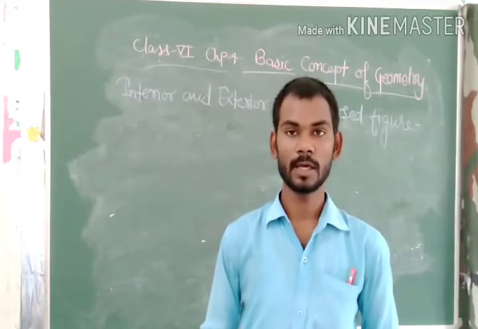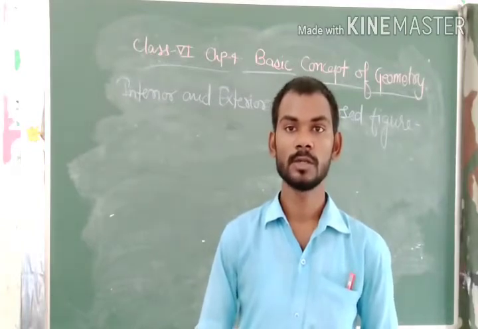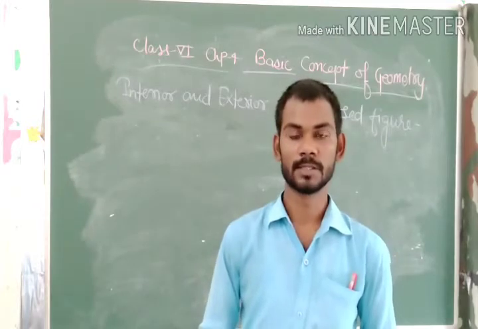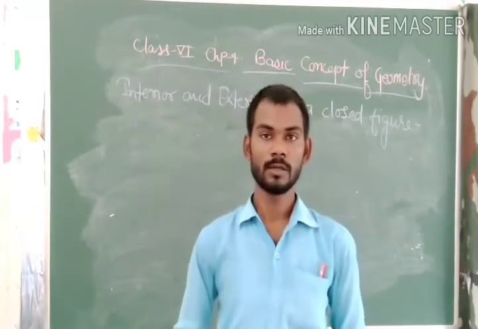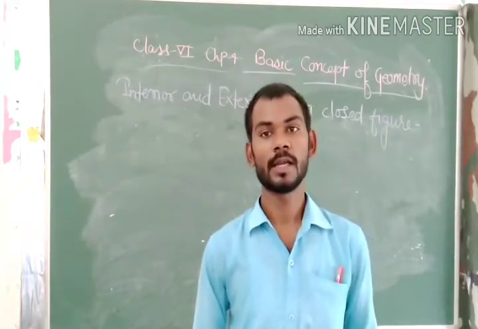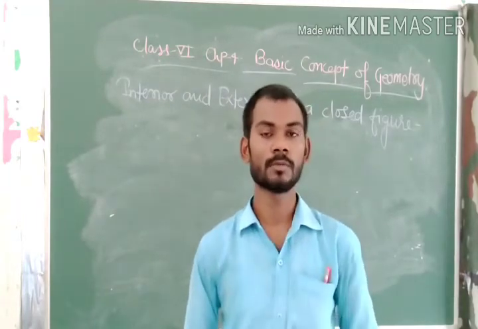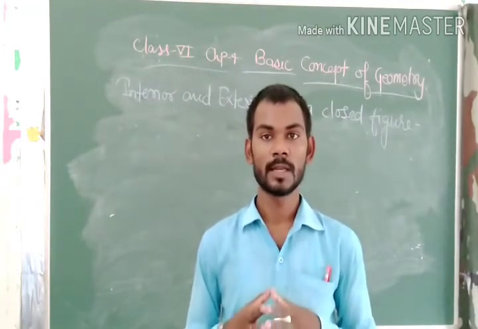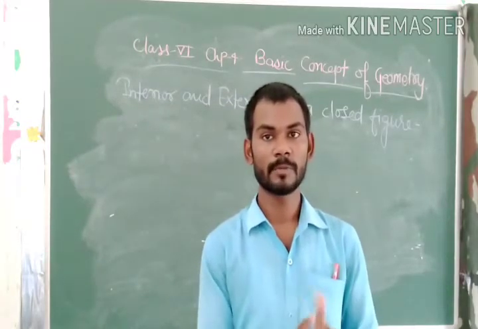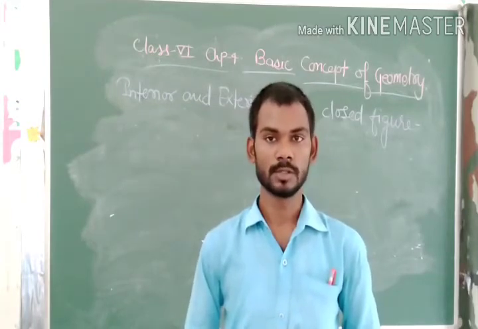And I also gave some examples of polygons and explained their properties, like triangle, quadrilaterals, pentagon, hexagon, and so on. These are simple closed curves formed by line segments only. That is why such geometrical closed figures are known as polygons.